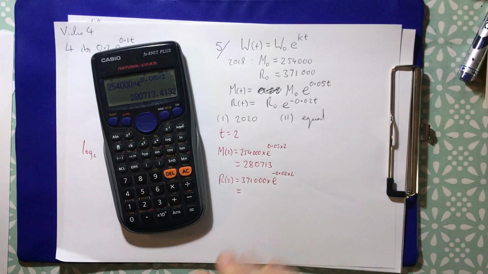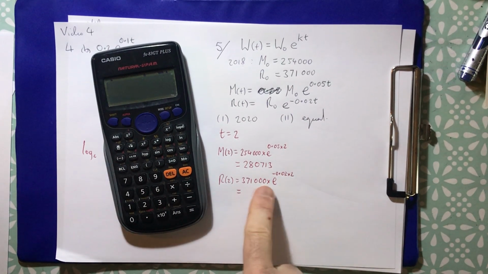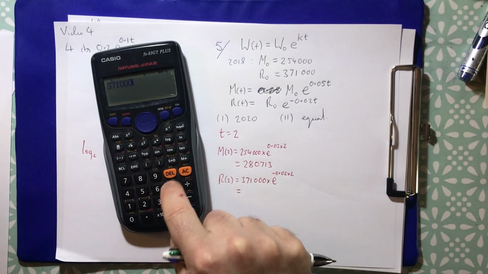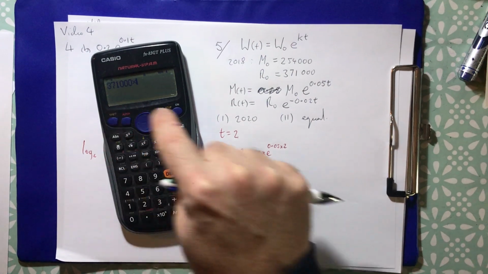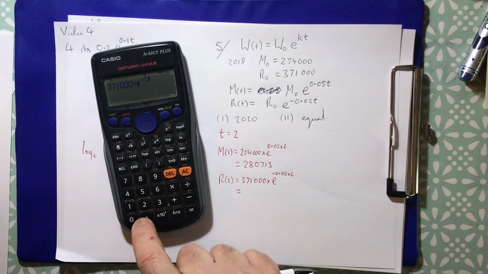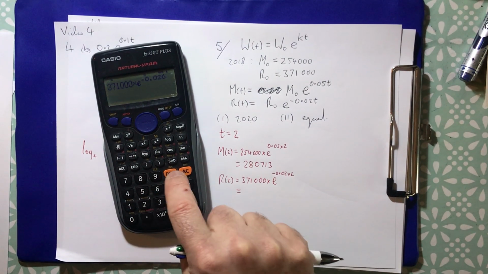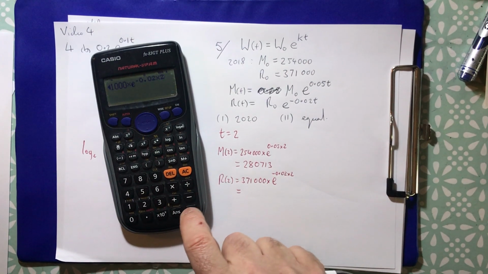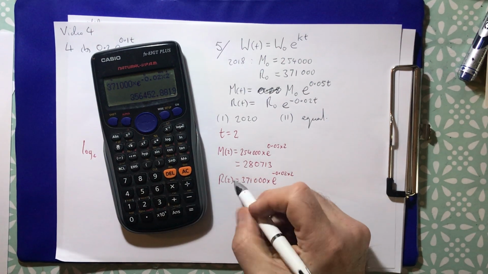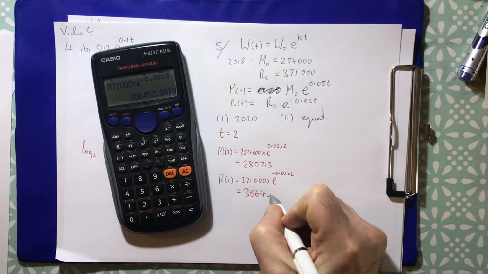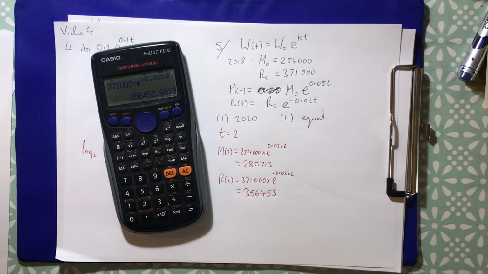So again, we're going to do 371000 times shift ln to get e to the power minus 0.02 times 2, equals, and it gives us 356453 to the nearest person. Okay, so that's what we've got there.